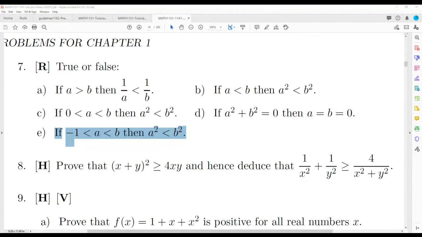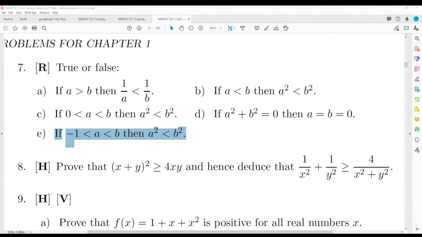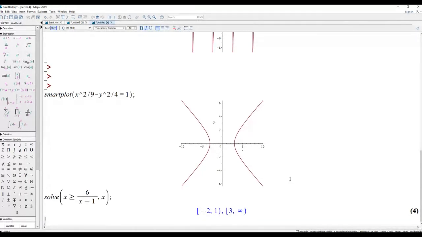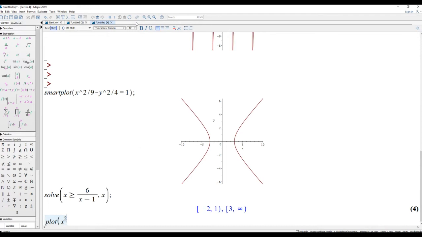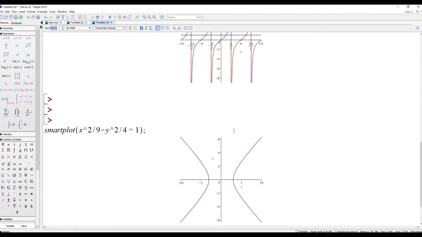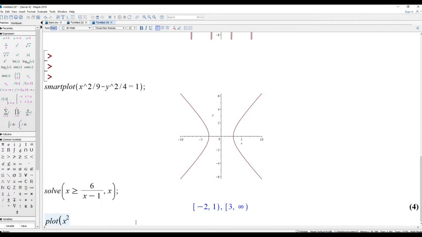So let me show you something cool with these functions. I'm going to show you in Maple the plot command. So you might have already seen this, but let me just show you anyway. So let's say I wanted to plot the graph of x squared. Make it a bit bigger. Okay.